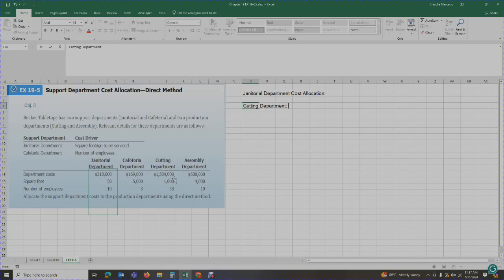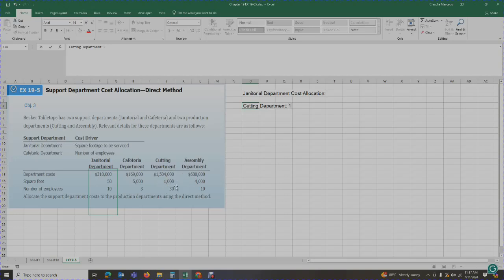The cutting department has 1,000 square feet, and the assembly department has 4,000 square feet. So in total, the janitorial department is cleaning those 5,000 square feet of facility for the production of the goods, right? So the cutting department is 1,000 square feet.